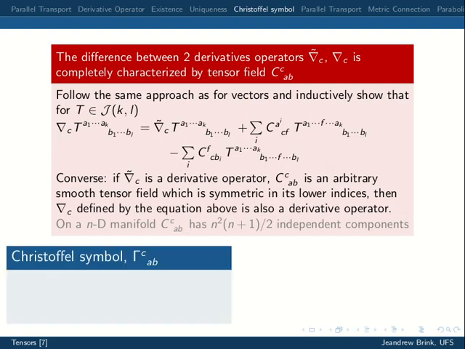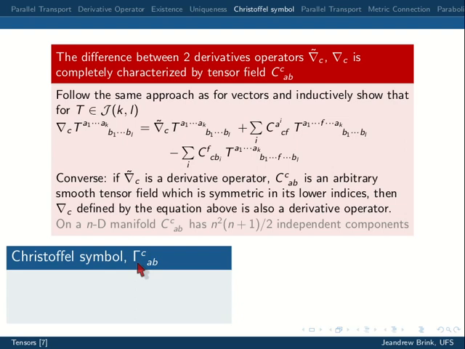Now, this is the thing that most people know the C operator as. They call it the Christoffel symbols, after the person who first understood it, and very often we denote these by gammas.